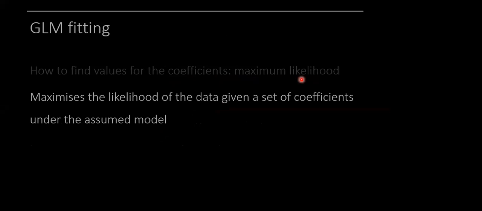And we use some clever maths with the probability distribution that we've chosen and the model to maximize the likelihood of the data given a set of coefficients. So this process finds the coefficients that make the data most likely given our assumed model. Again, don't worry too much if that's not making much sense. You can come back to that at a later date. And when it comes to interpreting the model, it's fair to say that's not necessarily a key consideration.